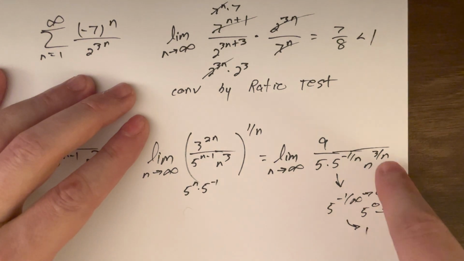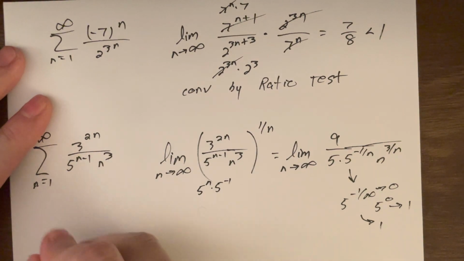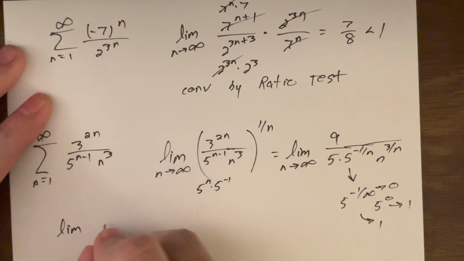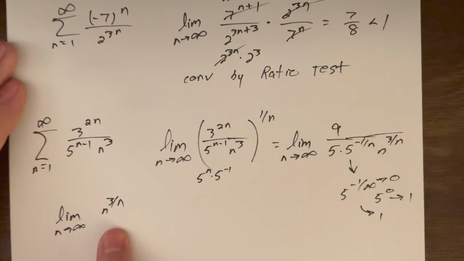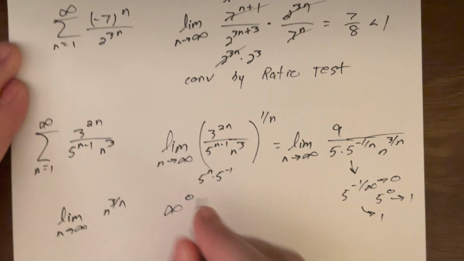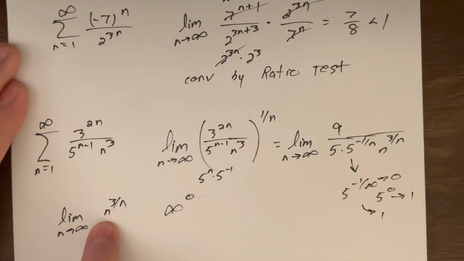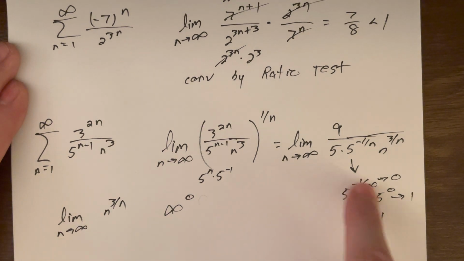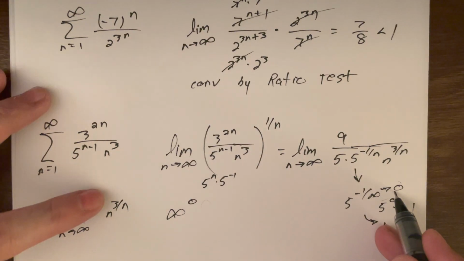But look at this mess right here. I'm going to need a little extra room, and I'm going to need to focus on that piece all by itself. This is not trivial at all. What you would get here is infinity to the 0 power. n goes to infinity, and then this is 3 over infinity, which goes to 0, but that's just the exponent, just like it did here.